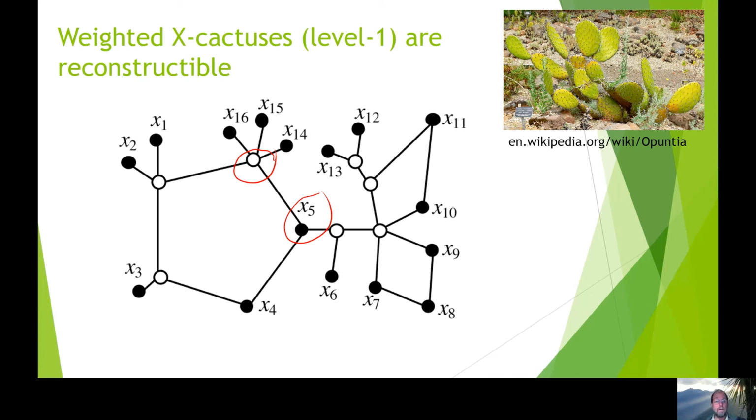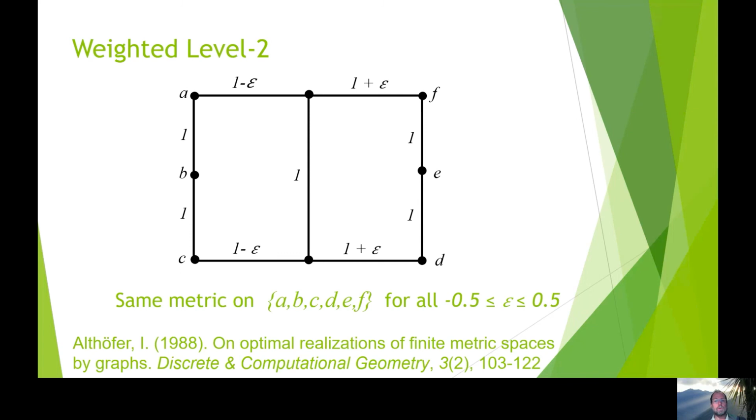Of course, the next case you might wonder about is what happens when we get to level 2. But we've already seen, for shortest path distances at least, that we can't reconstruct even level 2 networks which have only edge weight 1 on every edge. What's interesting is when you get to level 2 and you allow edge weights, things can get even a little bit more nasty.